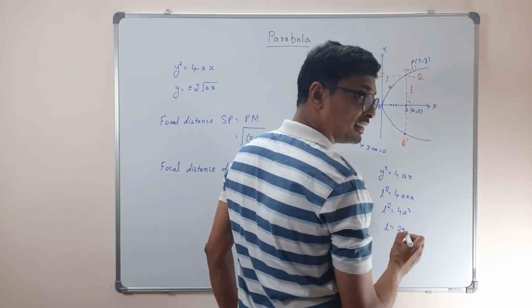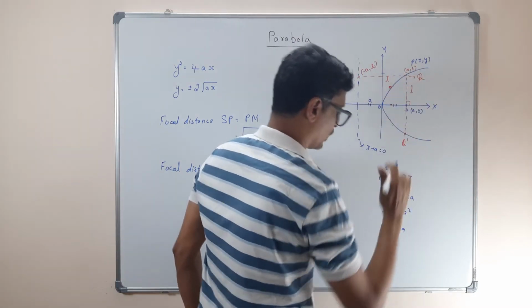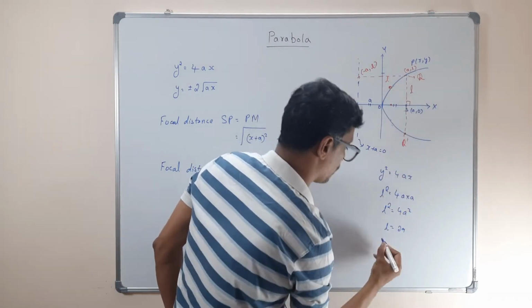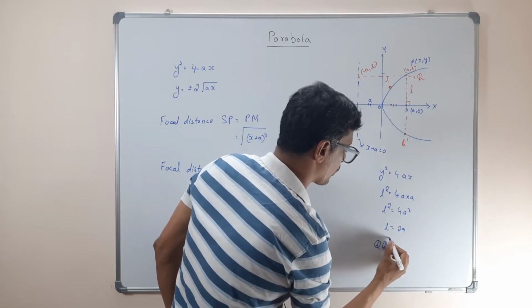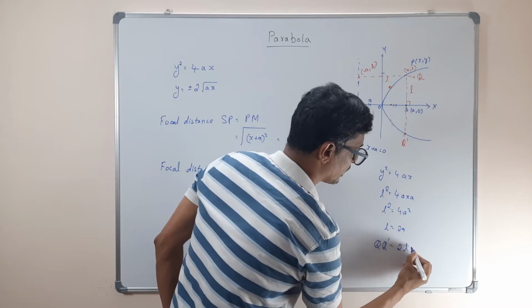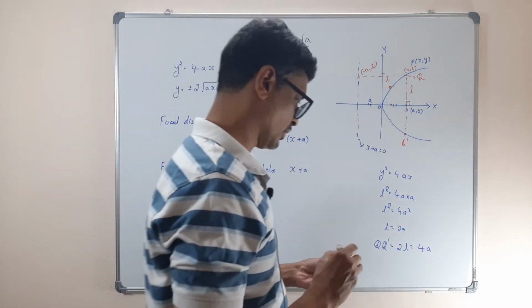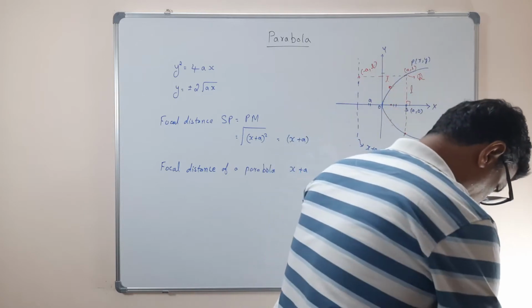It's a length, so we take the positive value. Therefore the latus rectum QQ prime will be 2L, which equals 4a.